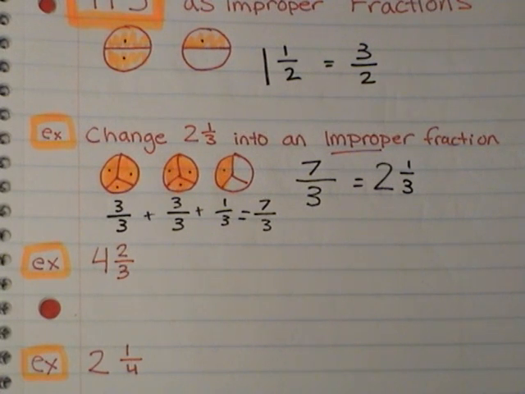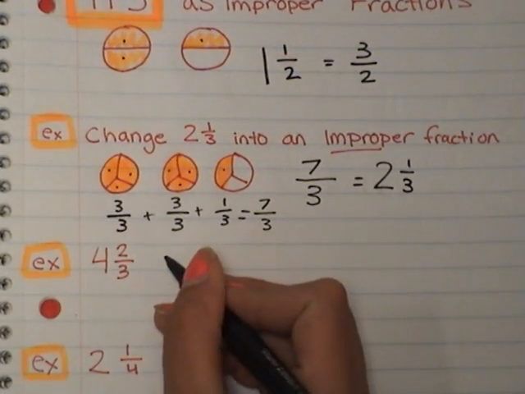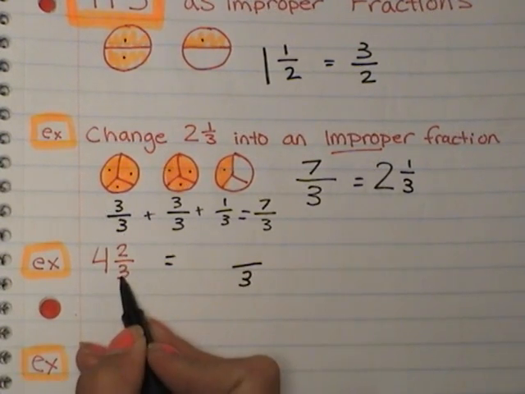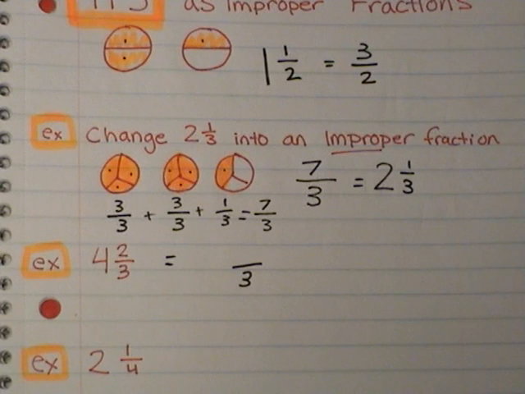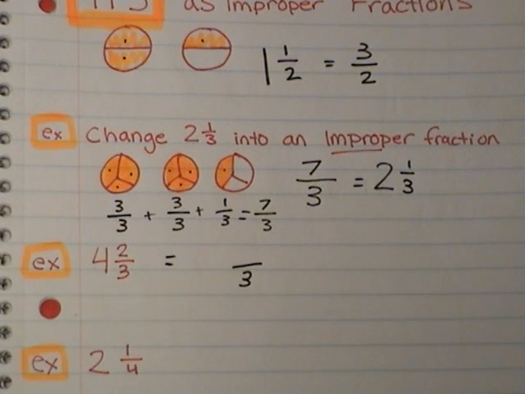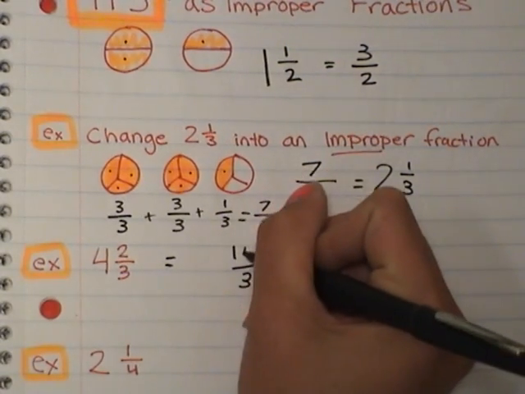It's a process. When I have a whole number and a fraction and I want to change it into an improper fraction, I always write down my denominator first. It never changes. We never change how many pieces it's out of. So I do that first so I don't forget. Then I do 3 times 4, which equals 12, plus 2, which equals 14.